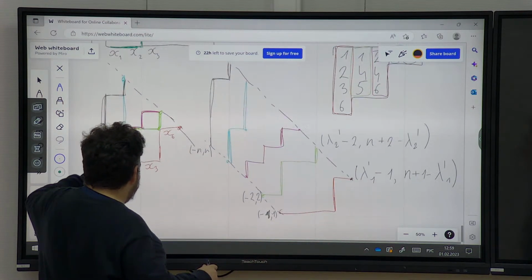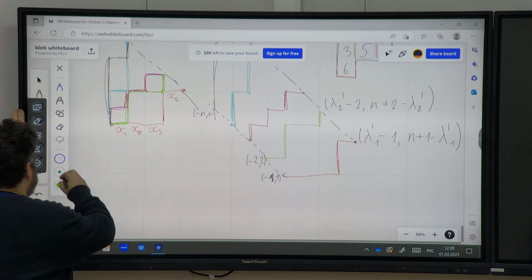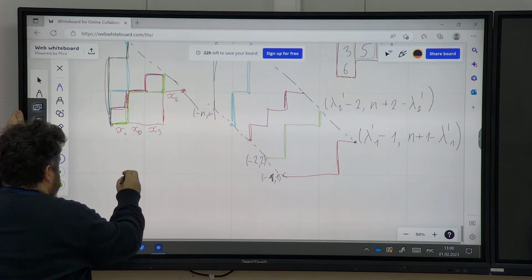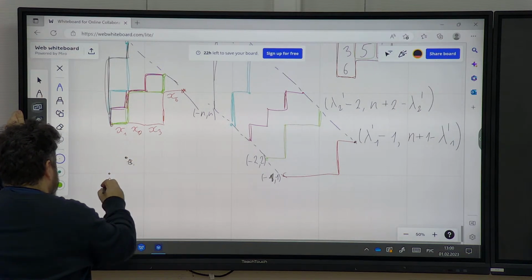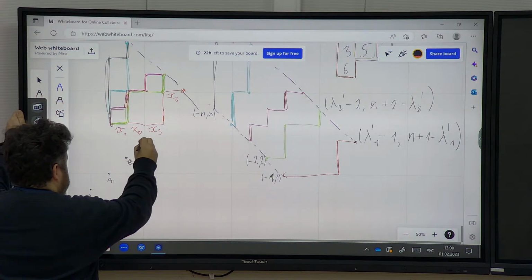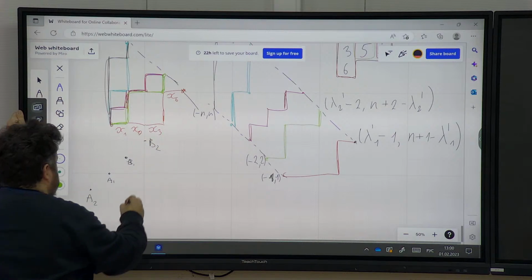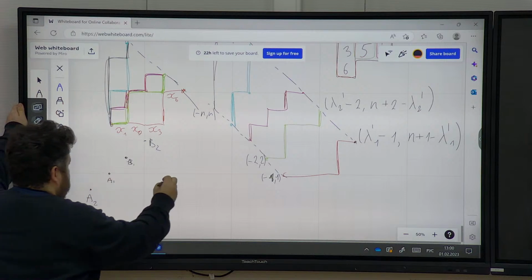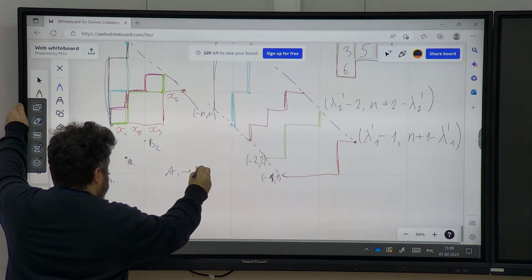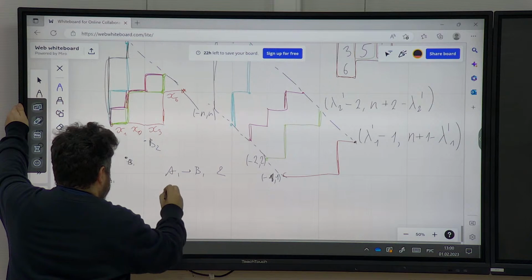For instance, if you want to compute pairs of paths from this point to this point, A1 to B1, and A2 to B2, well, you can compute that there are non-crossing paths, right? For instance, the number of paths A1 to B1 is equal to 2.